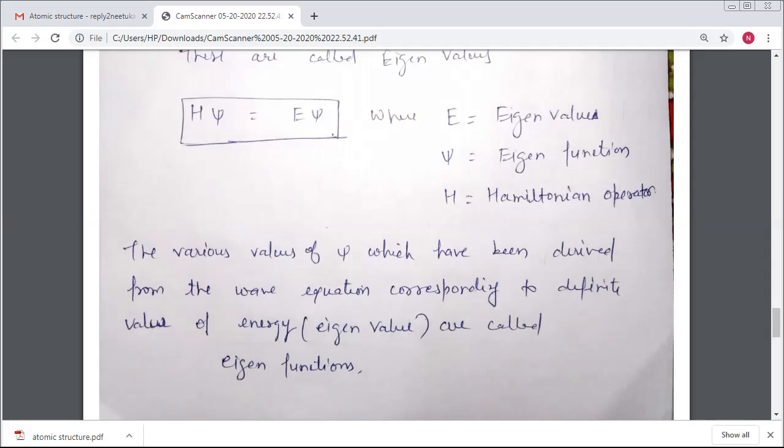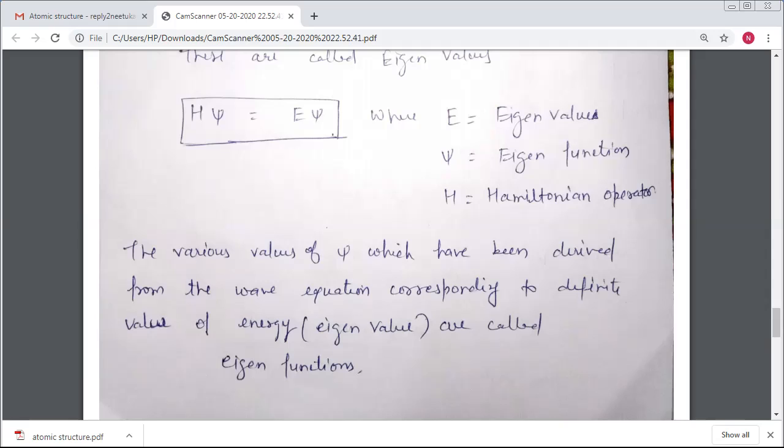Okay, so here we know that the wave function of an electron, which we call psi, in the field of the nucleus of an atom is called the atomic orbital, and it is a three-dimensional amplitude of the electron wave. Here we have two terms, psi and psi square.